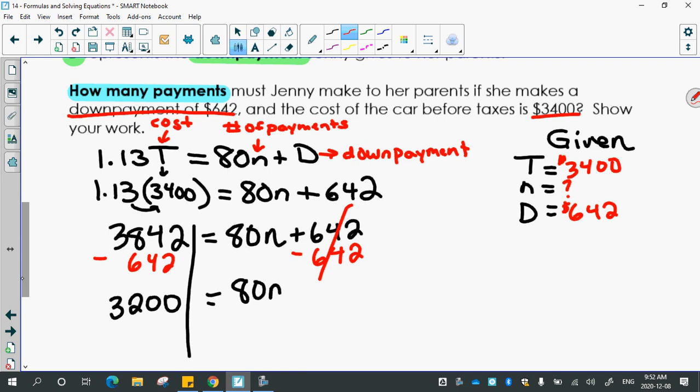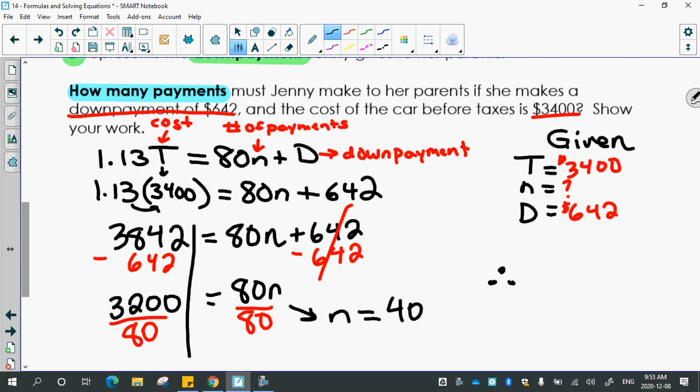And then we're going to undo times by 80 by dividing by 80. And I ran out of room, so I'm just going to do a little arrow. N is 40, thanks. And then we've got to make our therefore statement, because all formula questions, unless they're multiple choice, are like word problems.